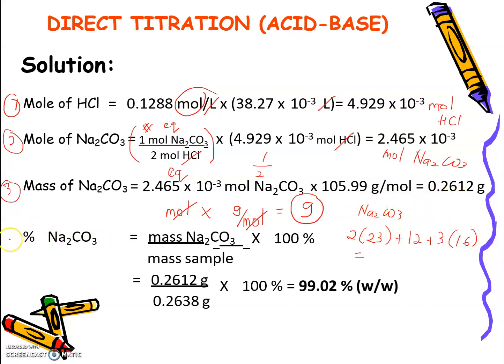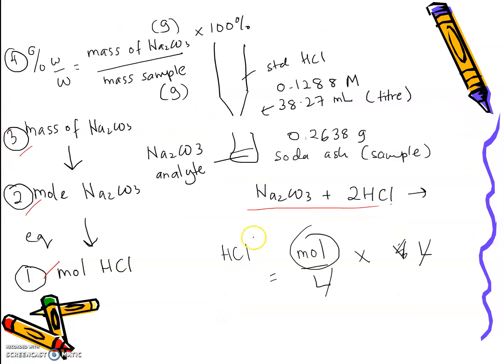Okay, number 4. The question asks you to find percentage sodium carbonate weight per weight. Okay, so include the mass of sodium carbonate here, 0.2612 gram over 0.263 gram. This one is the mass of sample given in the statement.